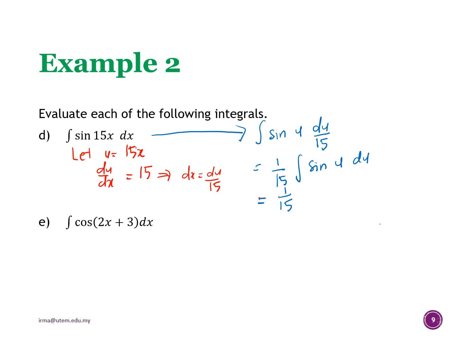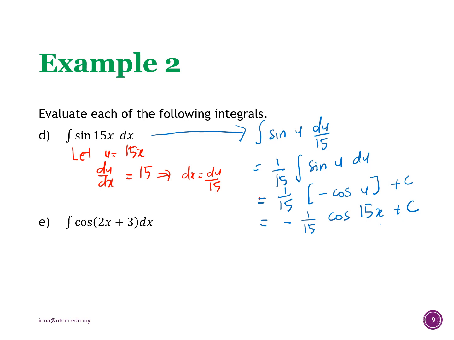Do you get positive or negative? Integrate sine, you will get negative cos u plus c. So I will have negative 1 over 15 cos u, where u is 15x, plus c.